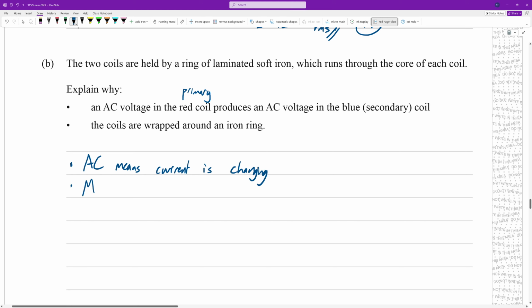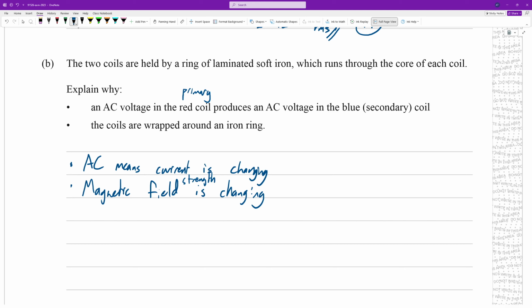It means the magnetic field is changing, right? Because there's a magnetic field, well, I should say magnetic field strength, technically. A magnetic field is created around a current carrying conductor. In this case, it is the coil of wire. And so if the current magnitude is changing, the magnetic field strength is changing.